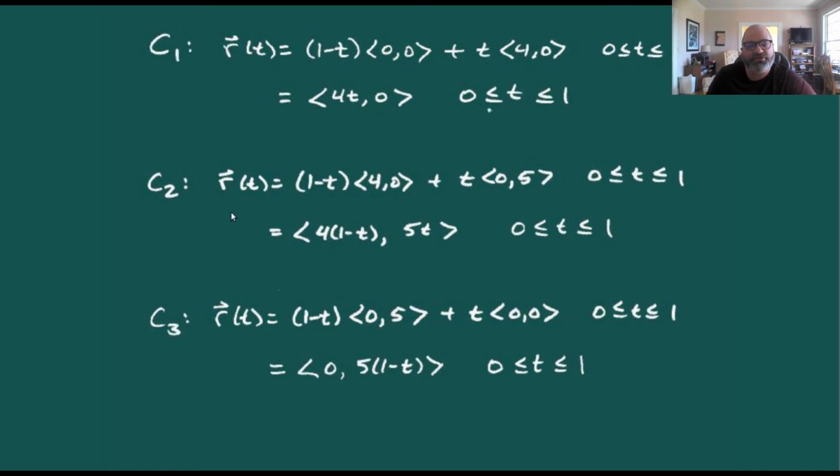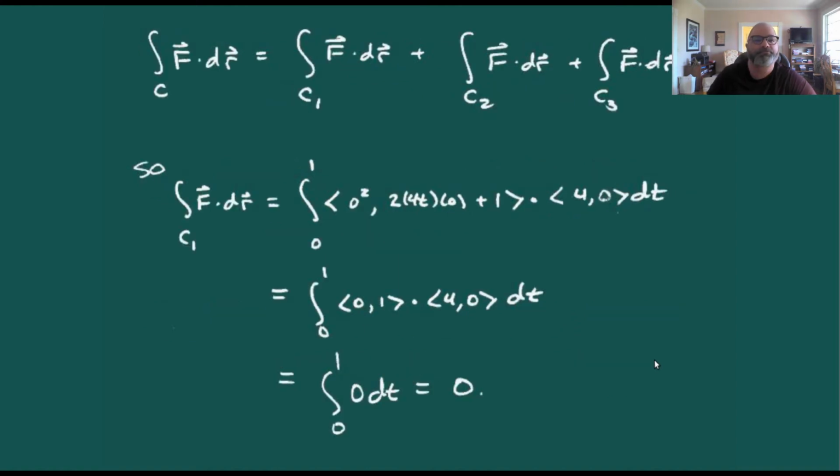For C2, same thing, (1 minus t) times our starting point plus t times our ending point, giving us (4 times (1 minus t), 5t), again t going from 0 to 1. And C3 being (1 minus t) times our starting point, (0, 5), plus t times our ending point, (0, 0), gives us a parameterization of (0, 5 times (1 minus t)), with t going from 0 to 1.